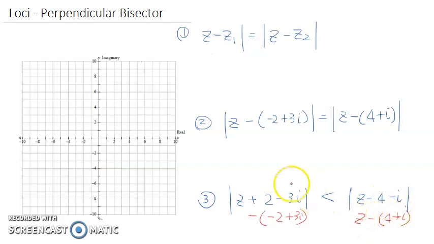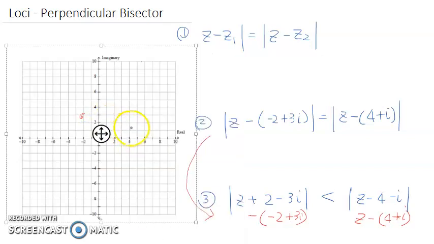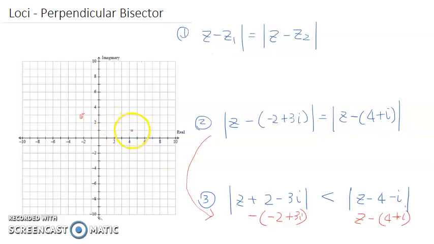If you look at it, I actually just tweaked the question from question 2. So again, I draw the same thing, negative 2 plus 3i, and I have 4 plus i. We all know just now we had a perpendicular bisector that gave us an equal distance. But because this time we are talking about less than, I cannot draw the straight line because it's not equal.